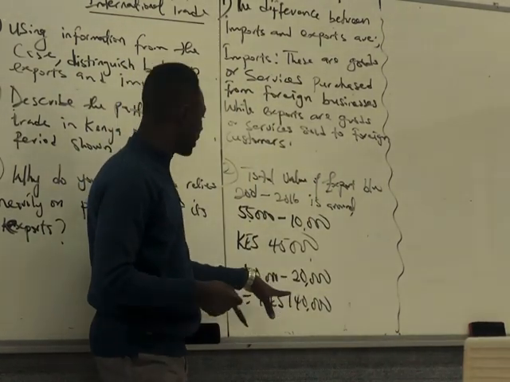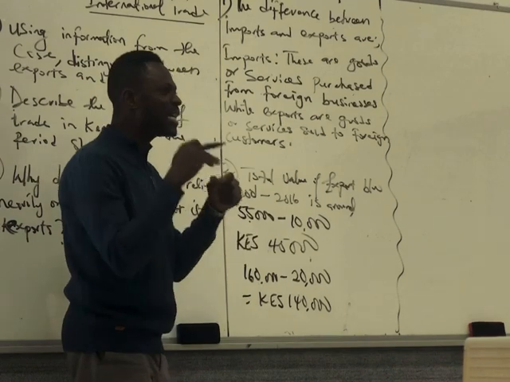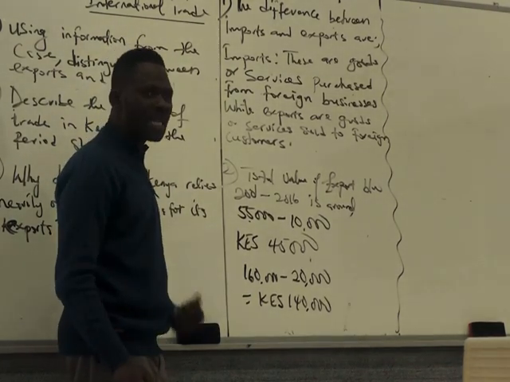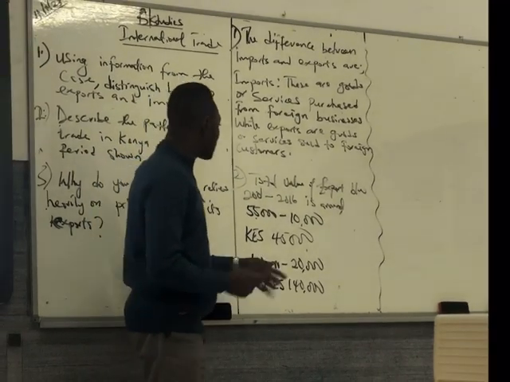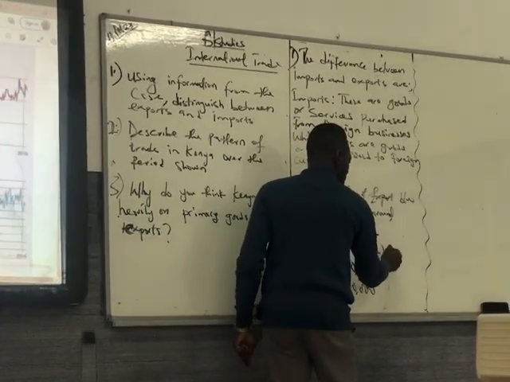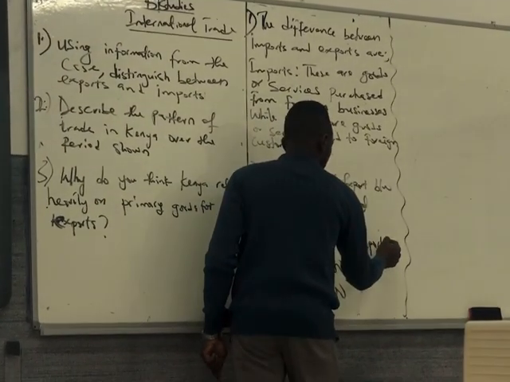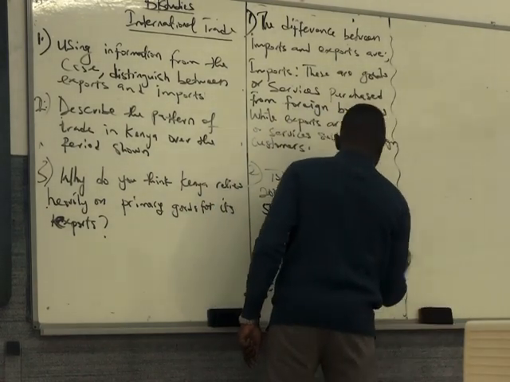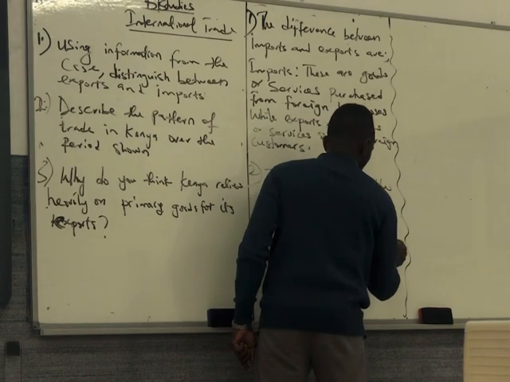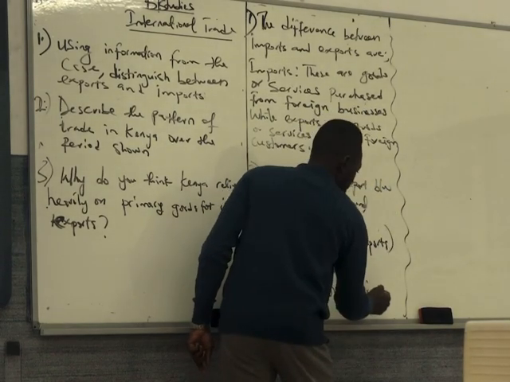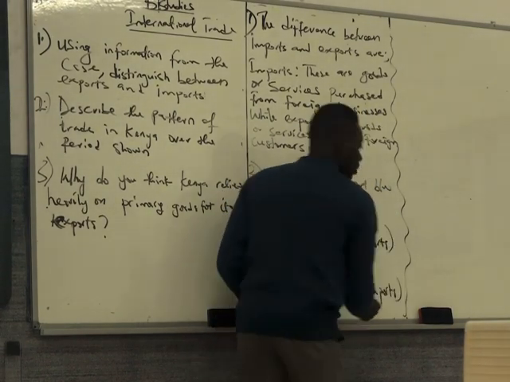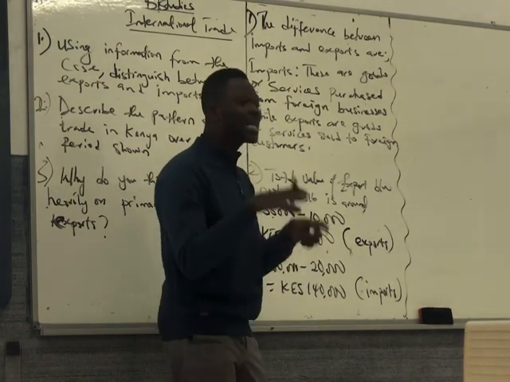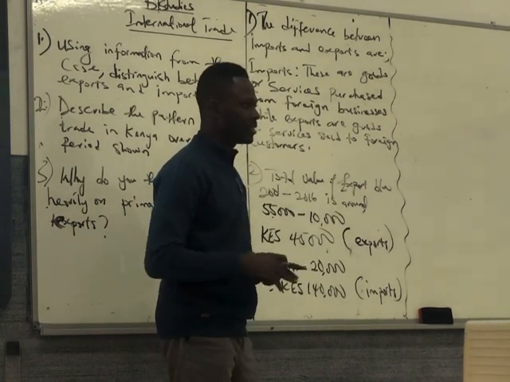It shows that Kenya's imports are more than its exports. Do you get the pattern now? This is the value of exports, and this is the value of imports. So Kenya has more imports than exports. That means Kenya is running on a deficit.